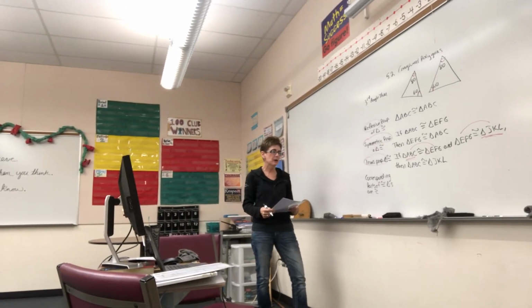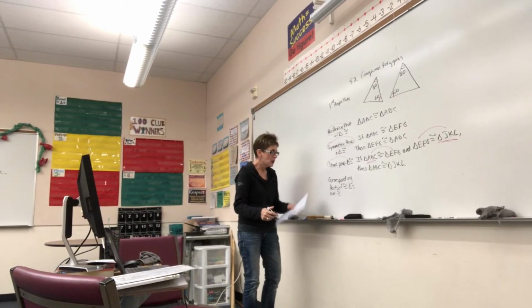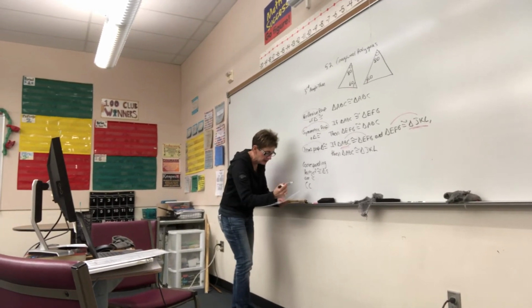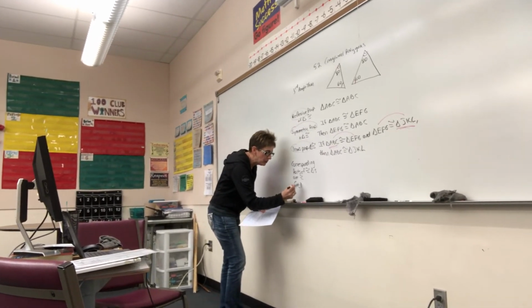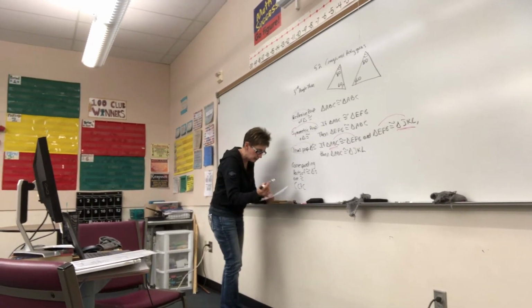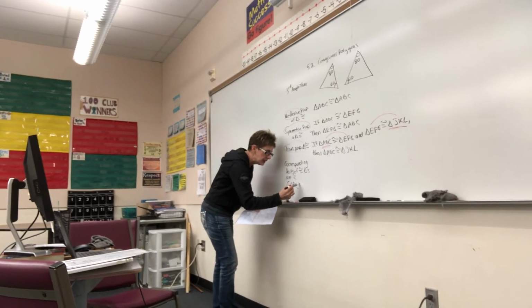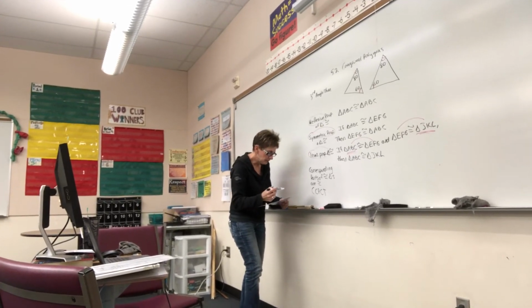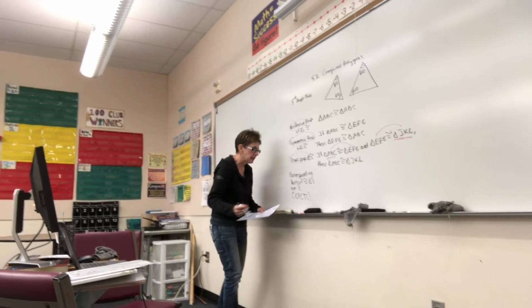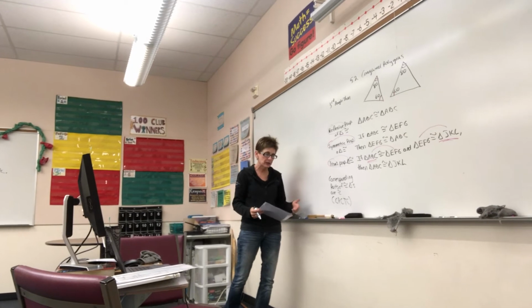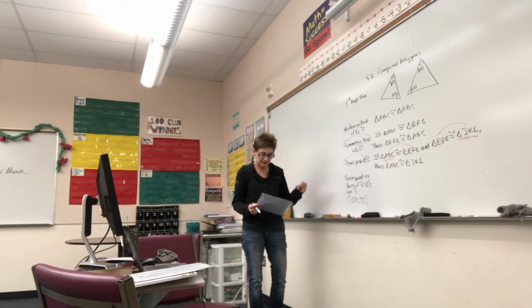We have an abbreviation for that. It is capital C, like corresponding, capital P, like parts, capital C, like congruent, capital T, like triangle, and then capital C again for congruent. So the corresponding parts of congruent triangles are congruent. CPCTC.